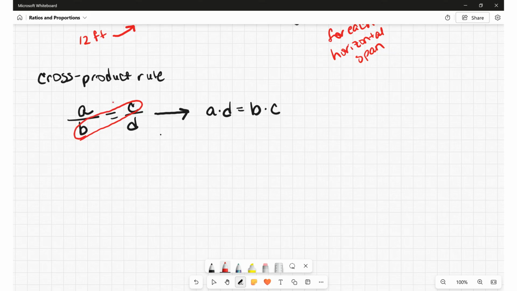Okay. And because those two proportions were already equal, we can say that their product is equal. The cross product is equal.